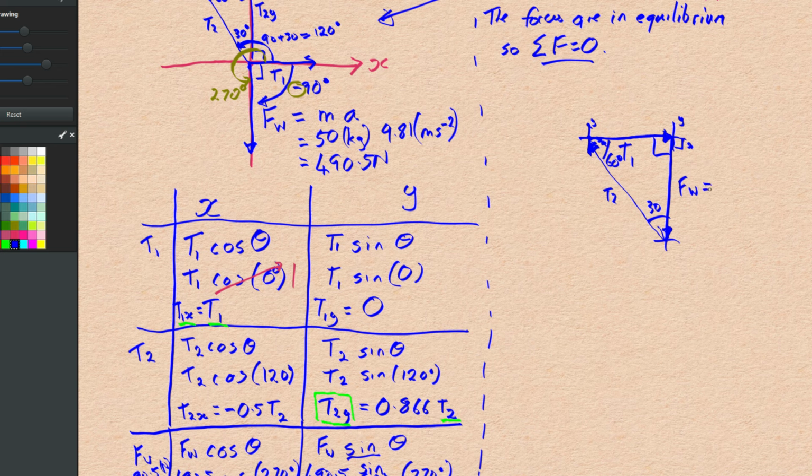The weight force we know was equal to 490.5 newtons. Actually, let's use the sine rule. We could use the cosine rule if we knew two sides and the angle of the side that we didn't know, but we don't know two sides, so we'll use the sine rule. Sine, I'll put the sides on the top.